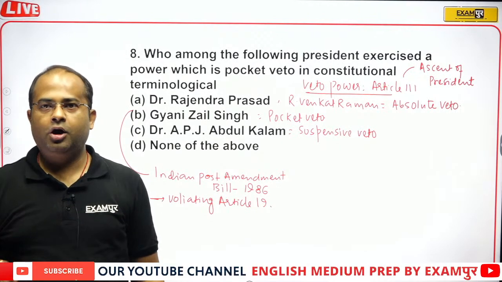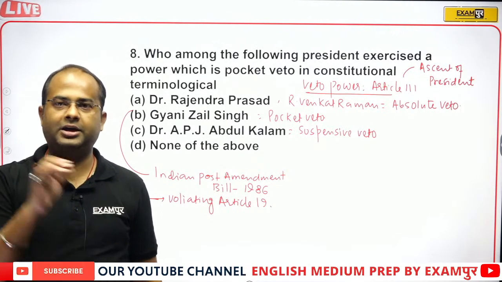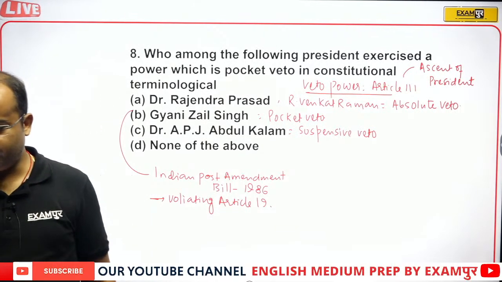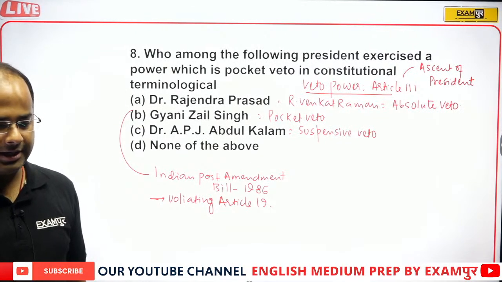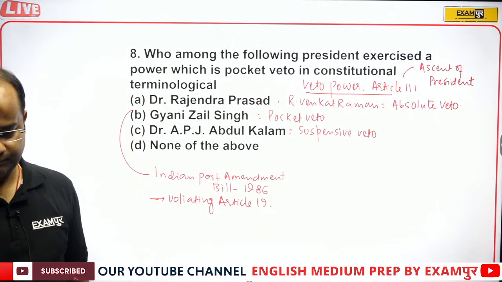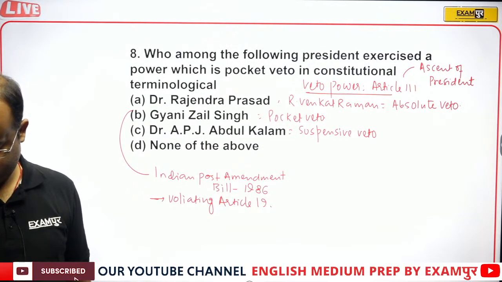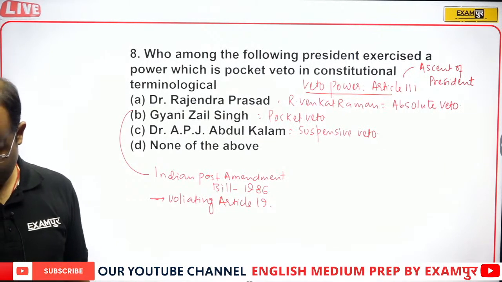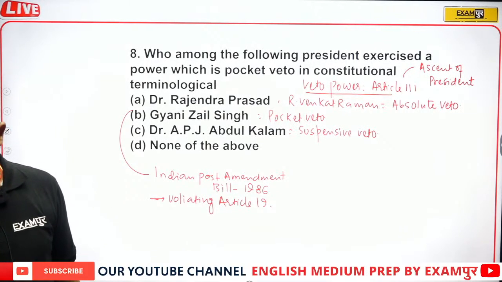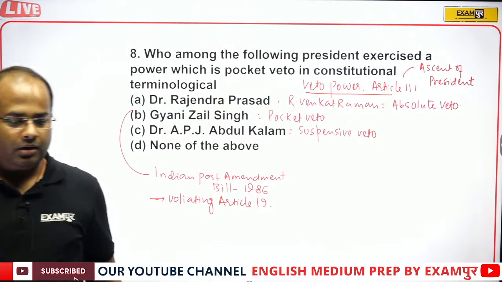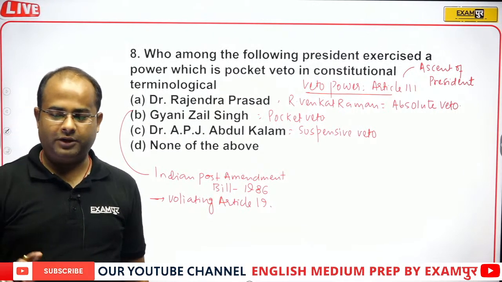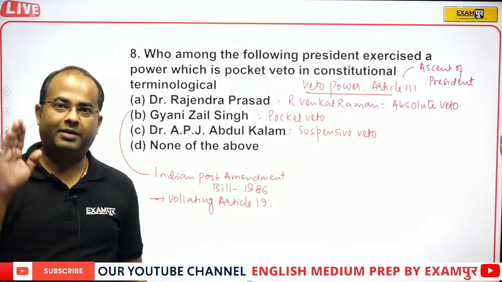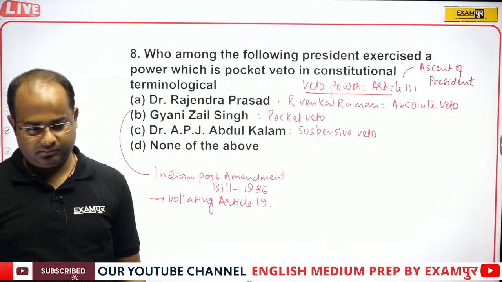By signing the bill, or if the president will not give the assent, then he will use the veto power. I hope it is clear, Vijay. So technically both are the same. Simply in veto power, the president does not sign the bill.